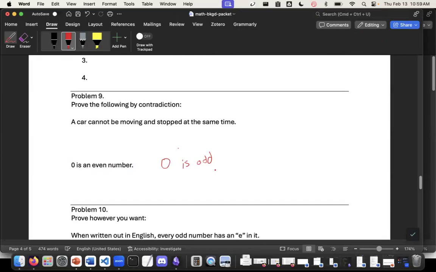So you start off with 0 is not even, which means, because it's a parity, a number is either even or it's odd. Two options. So if 0 is not even, then it's got to be odd. And the way we write an odd number is 2 times something plus 1.